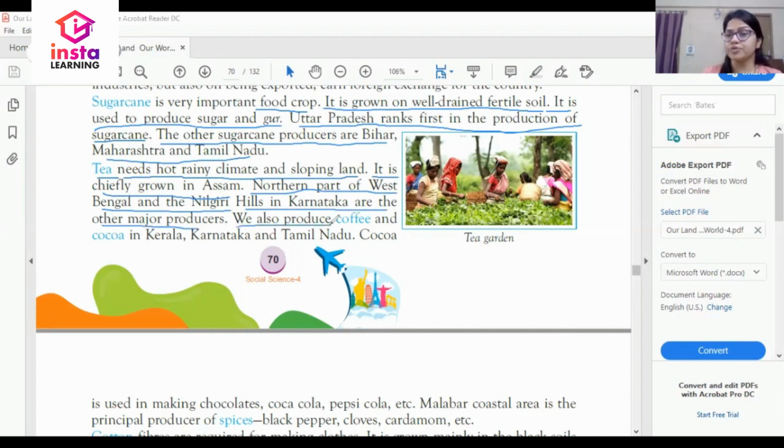We also produce coffee and cocoa in Kerala, Karnataka and Tamil Nadu. Cocoa is used in making chocolate, Coca-Cola, Pepsi-Cola. Malabar coastal area is the principal producer of spices like black pepper, clove and cardamom.